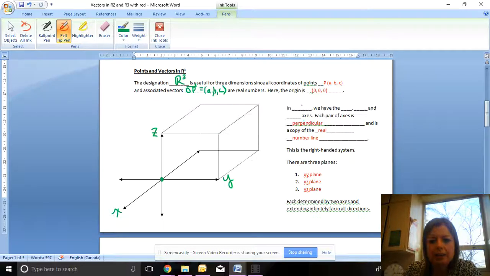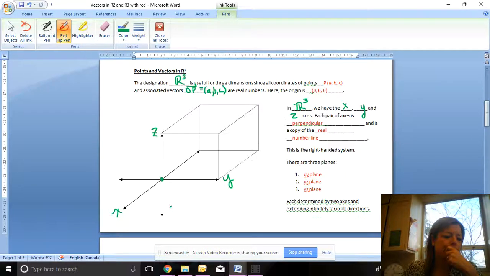Okay, so in R3, we have the X, the Y, and the Z axes. Each pair of axes is perpendicular and is a copy of the real number line. So this, going this way, that's positive X, and going this way, that's negative x. Here's positive y and negative y, positive z and negative z.